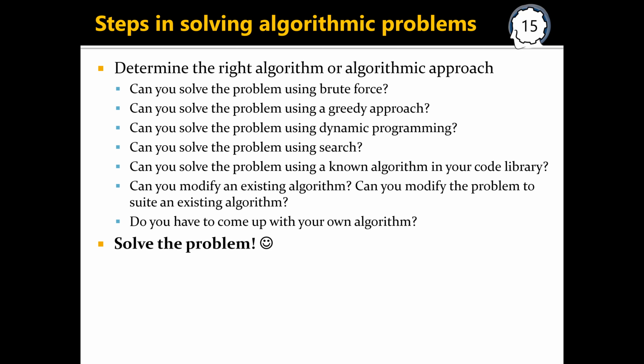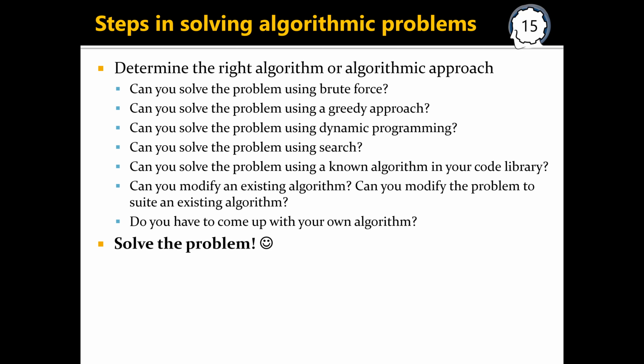And then if there is a known algorithm, then you can use it. Otherwise, you might need to modify an existing algorithm. Sometimes you need to modify the problem. This is often the case with max flow methods. Max flow is an extremely general method, but you often need to formulate the problem as a flow problem, and if you can reformulate the problem, then you can apply max flow.